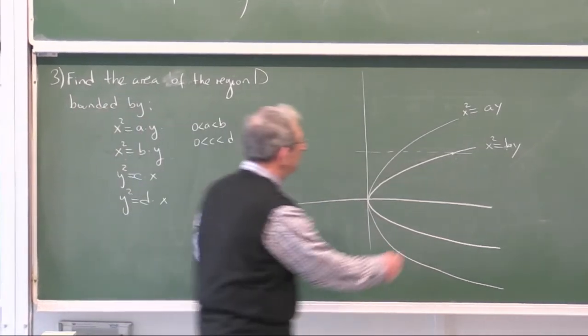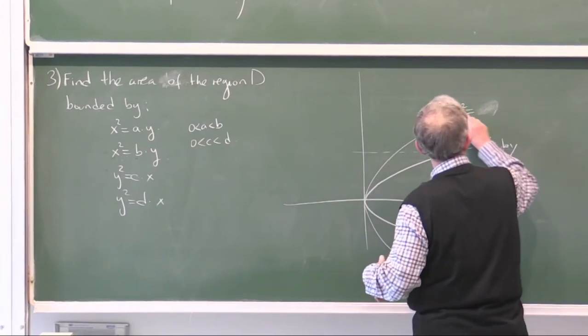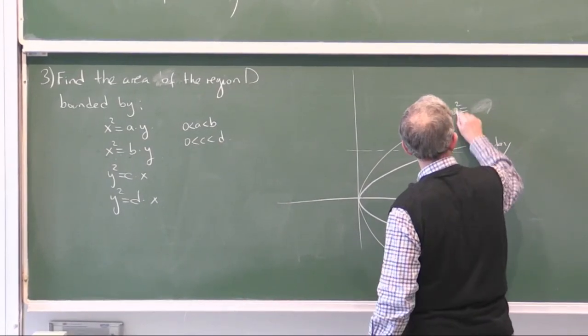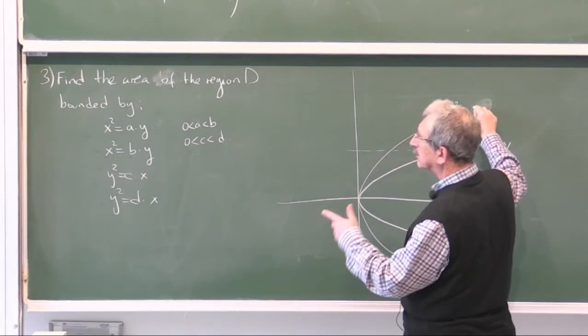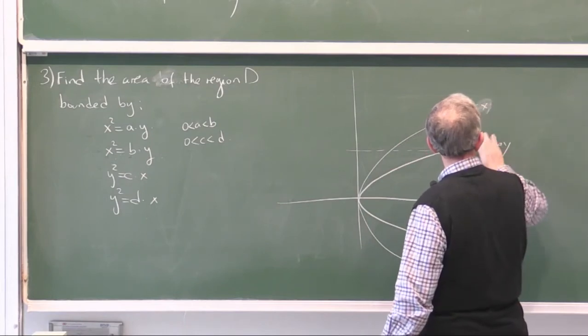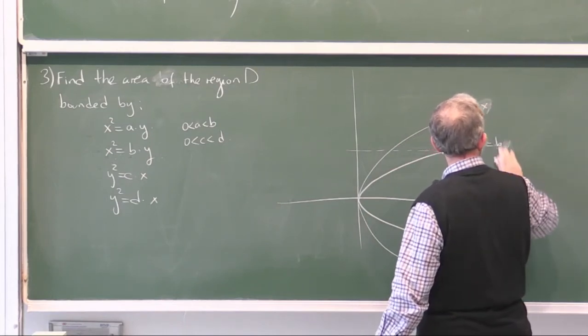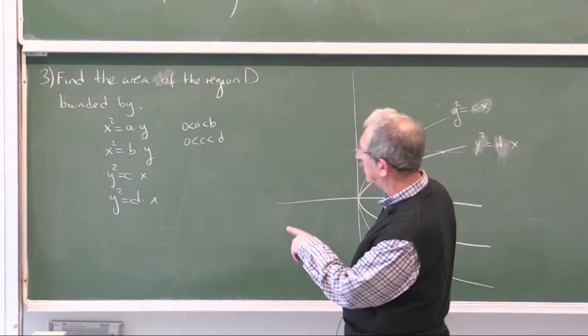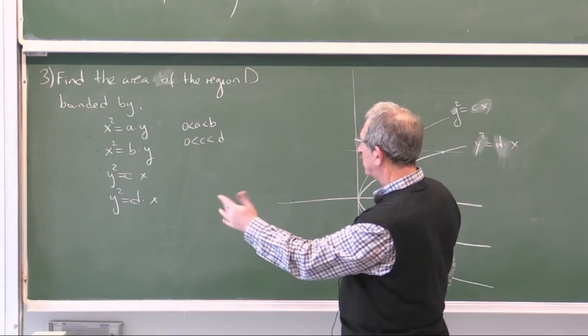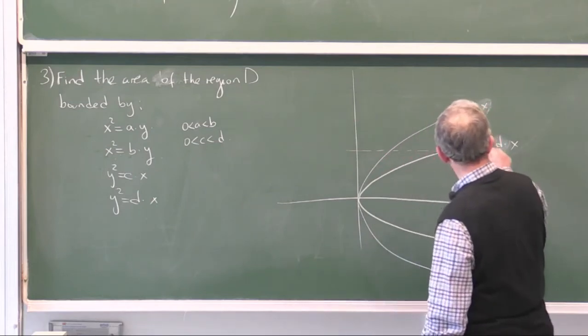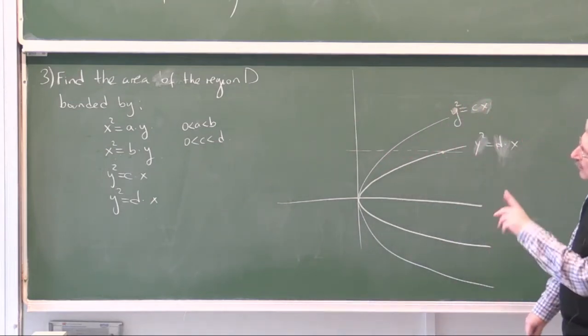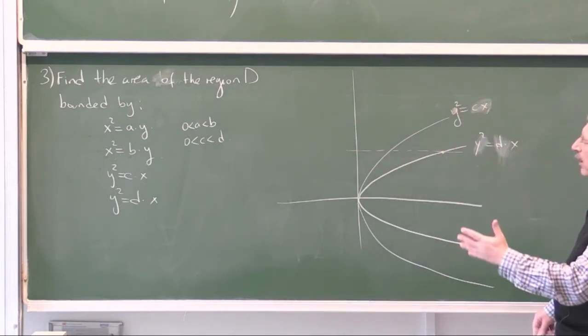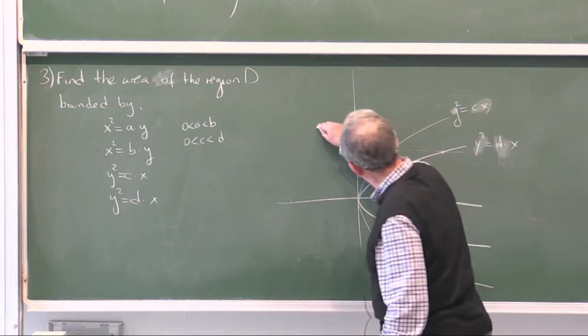Well, these are the y's, of course. So this is y squared equals cx, and this is y squared equals dx. And again, here, for the same y squared, d would be larger, so this is it. And the first two are standard parabolas. They're like this.